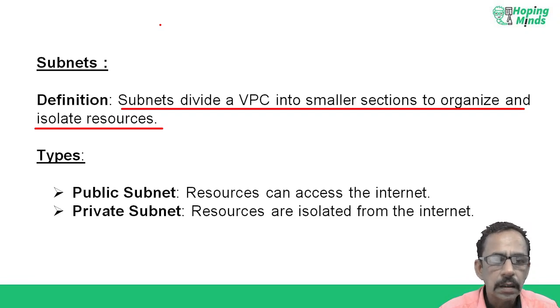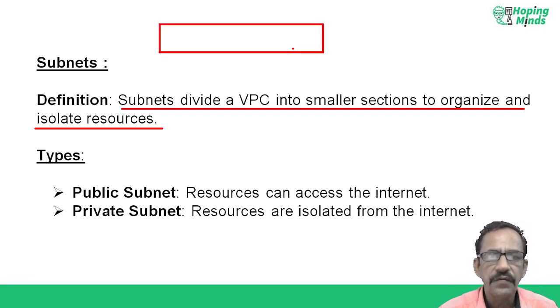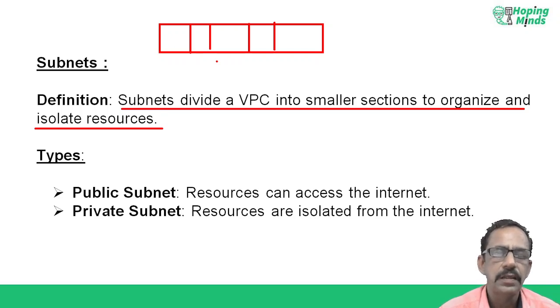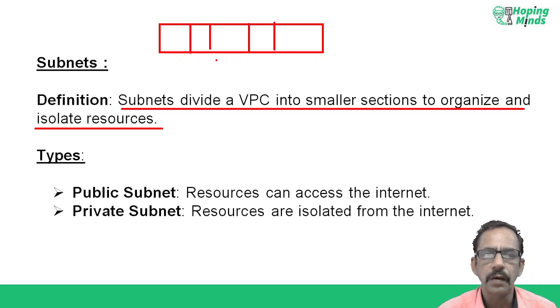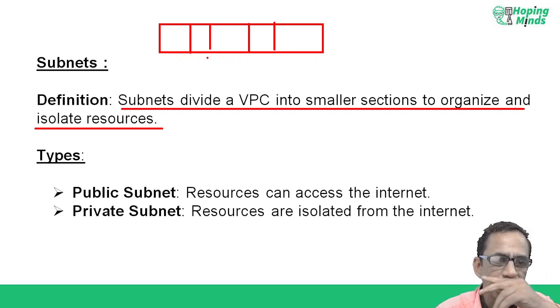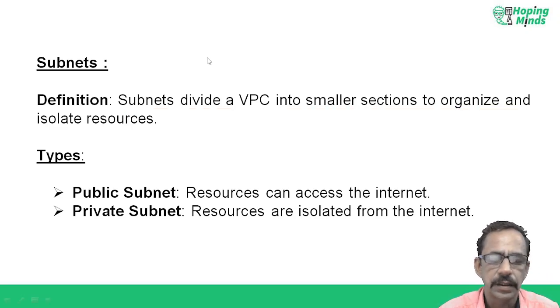Now again, like in my organization, I have different departments: HR department, personnel department, production department, marketing department. The same way, we divide the subnet. Okay, this particular subnet is for my database server. This particular one is for the application server. We divide according to that by creating subnets.